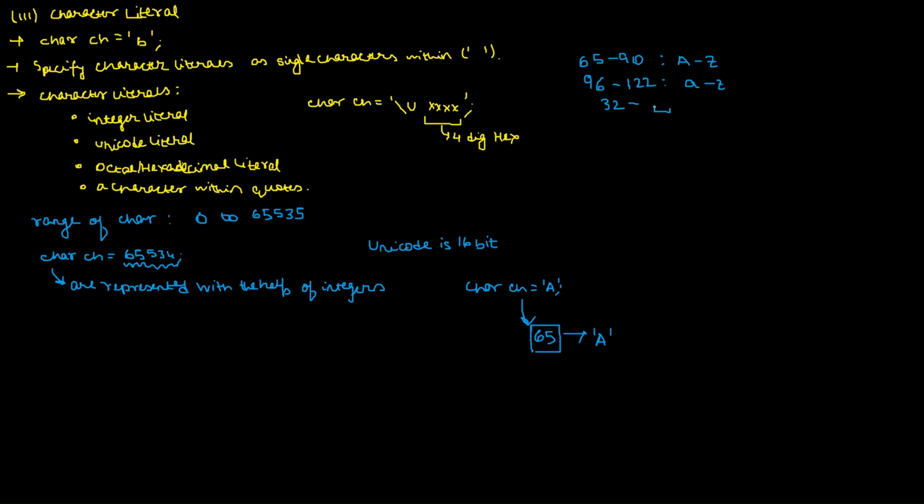I cannot obviously define it like this, so I'll just write it here, blank space. So these are the ASCII values which you can remember if you want, and even if you don't, it does not make any difference in the programming world. Internally, it is represented with the help of integers, and thereby you can actually use an integer literal to denote a character data type.